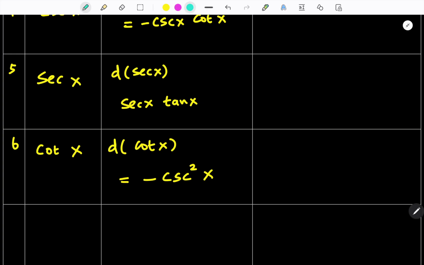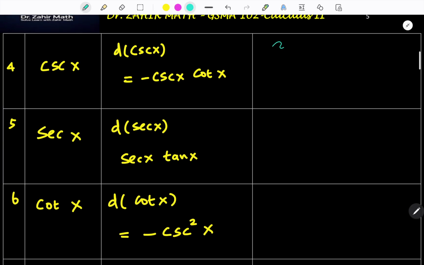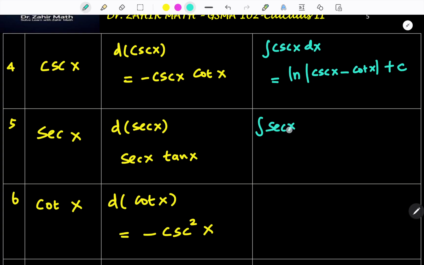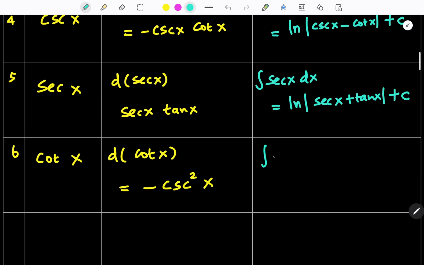Now, the integration formula you have to memorize. Integral of cosecant x dx is equal to ln absolute value of cosecant x minus cot x plus integrating constant c, and integral of secant x dx is equal to ln absolute value of secant x plus tan x plus integrating constant c, and integral of cot x dx, which is ln absolute value of sin x plus integrating constant c.